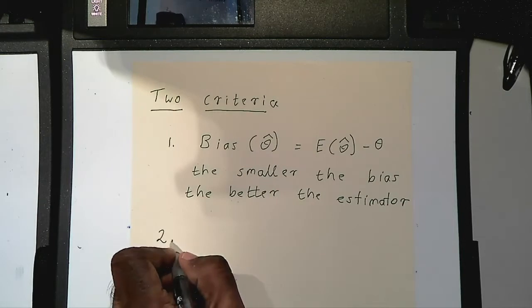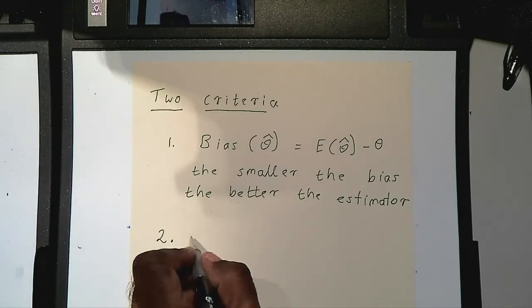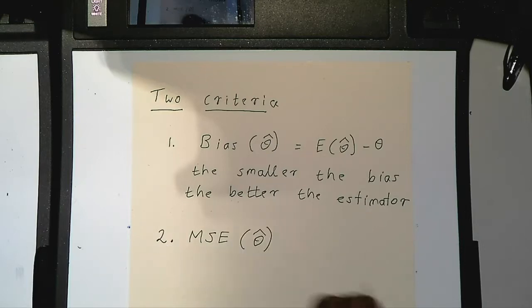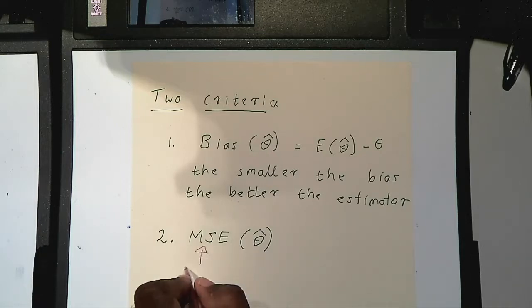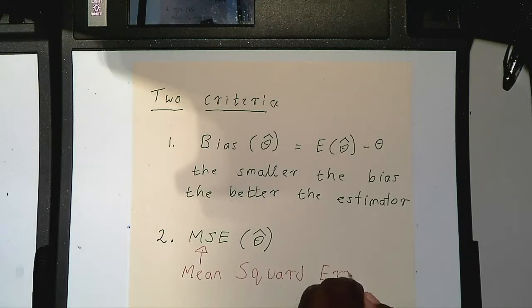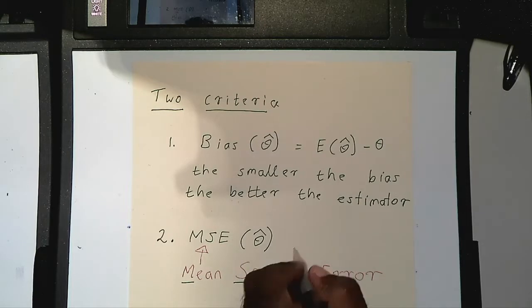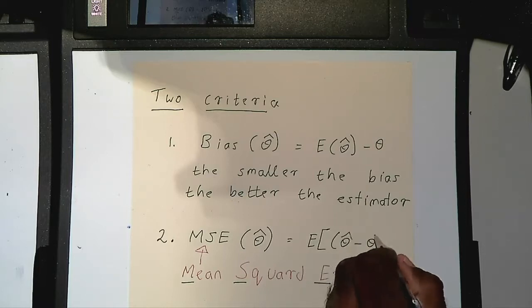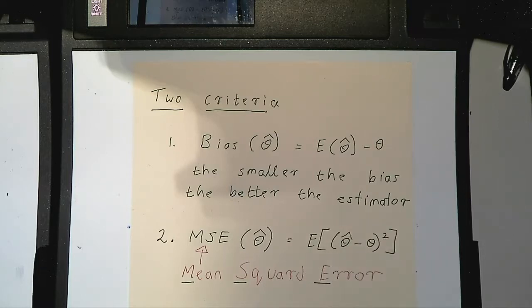Number 2, the second criteria is known as the MSE. MSE stands for mean squared error, and it's defined as the expectation of theta hat minus theta squared.